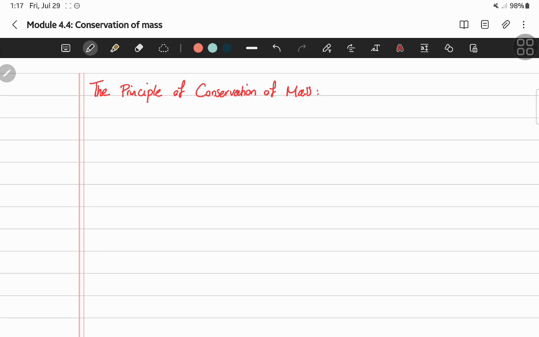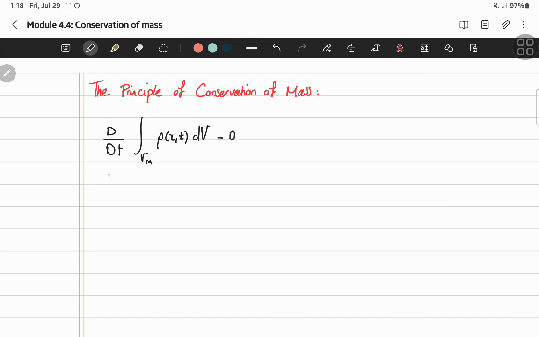The rate at which the mass is increasing is always zero. So basically we have the material derivative of the integral of rho(x,t) dv over the material volume is always zero.